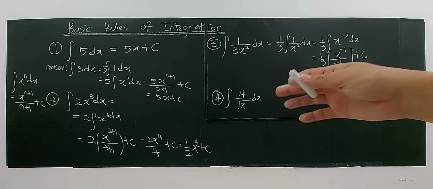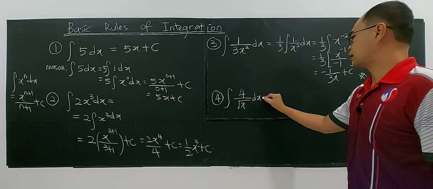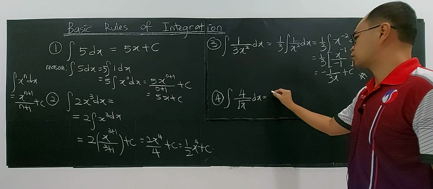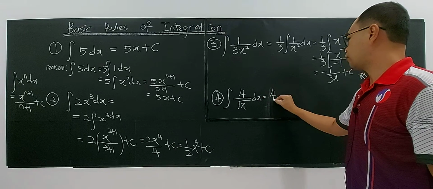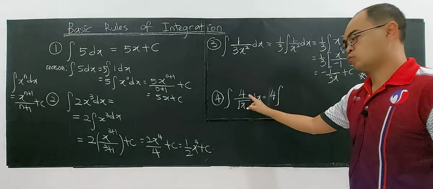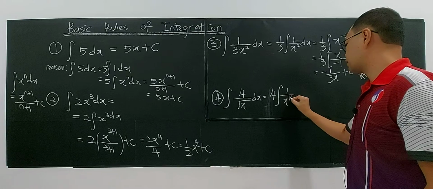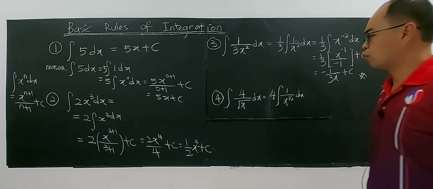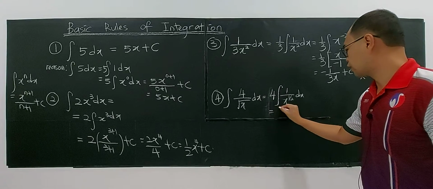You can pause the video and try. This one is 4 over the square root of x. You can take out the 4 if you want. The square root of x is x to the power of 1 over 2, so 1 over the square root of x is x to the power of negative 1 over 2. You have to bring it up before you apply the basic rule.